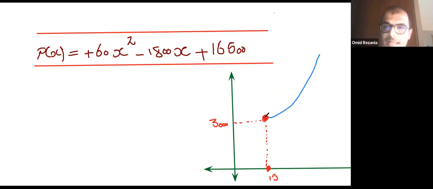The function moves up like that, and the point which intersects is going to be 1650. Okay, now we are ready to just move on.